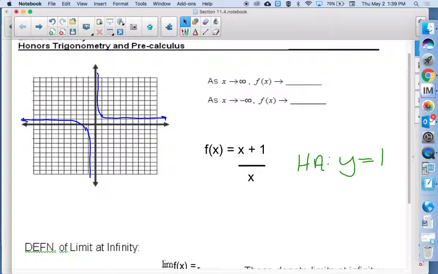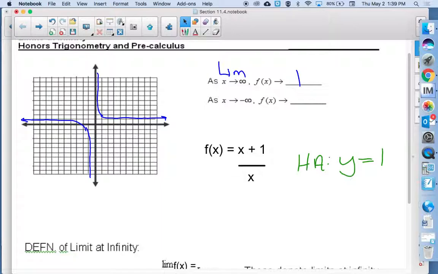Other questions? So looking above with the little notation here, this is actually how you're going to see a limit. We're going to see the limit as x approaches infinity. So as x is going to positive infinity, the limit or the y value or the function, because they all mean the same thing, is going to approach 1.